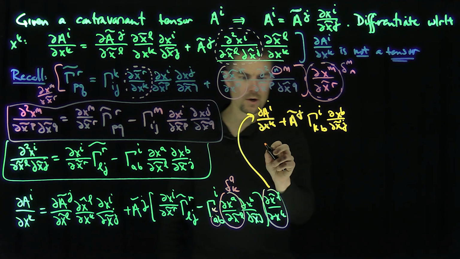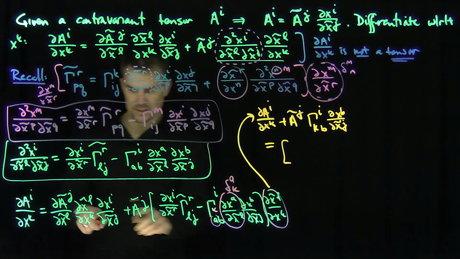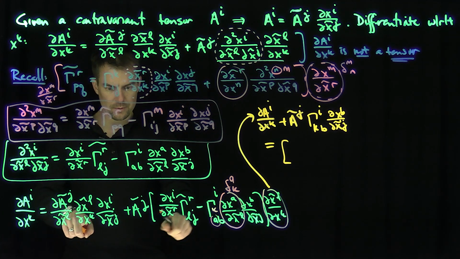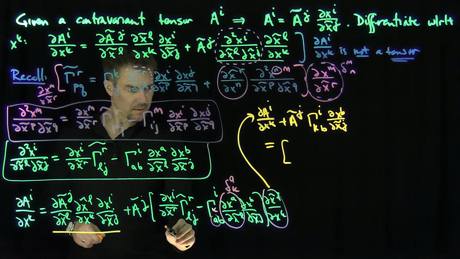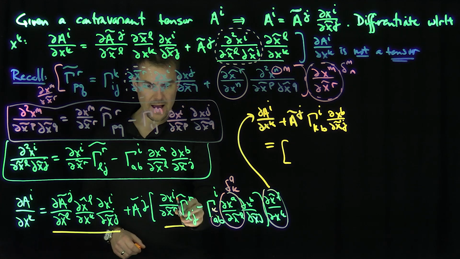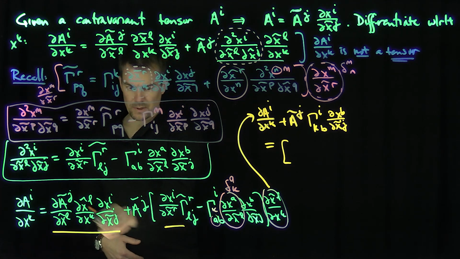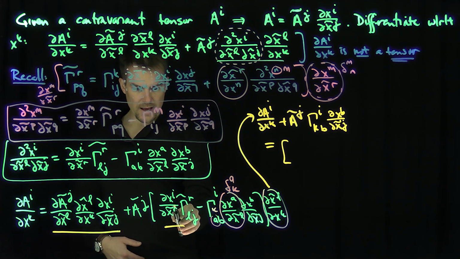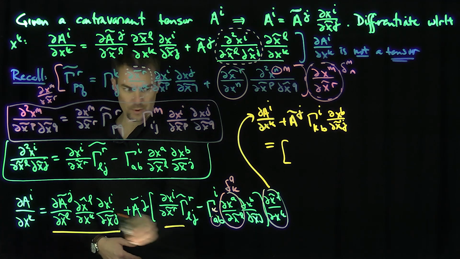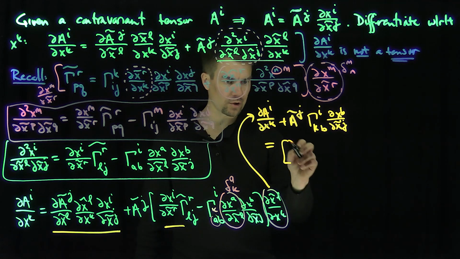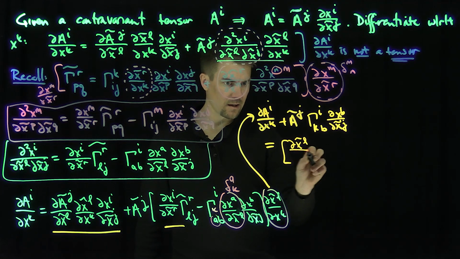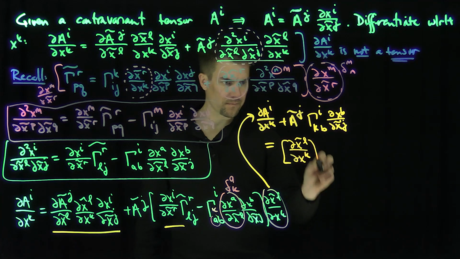These expressions are equal to, now I'm going to factor the two things these terms have in common. These terms over here and these terms over here have an i and an r in common, and the j is being summed over. So I can replace that r with a j, and that would be consistent with those terms over there. And then ∂x̃^l/∂x^k. So these terms both have that.